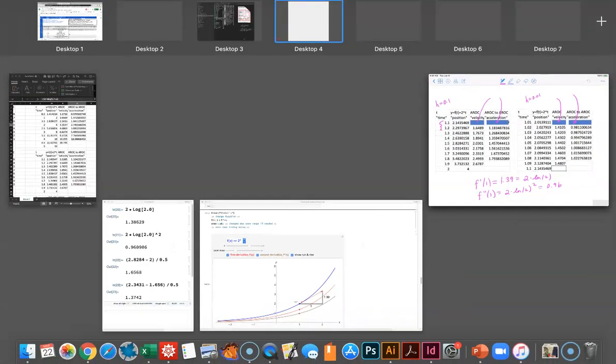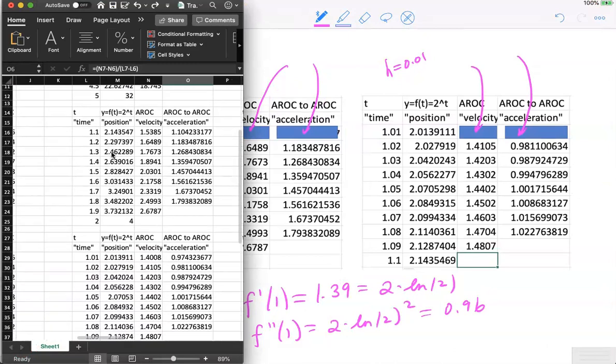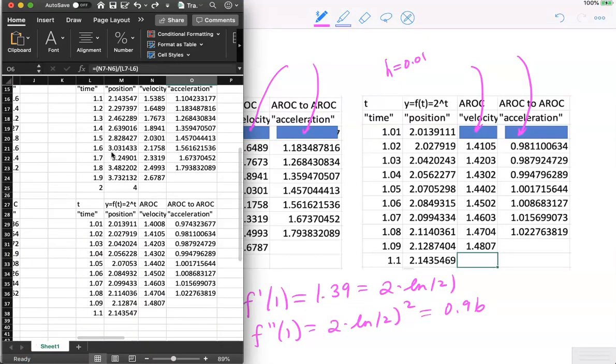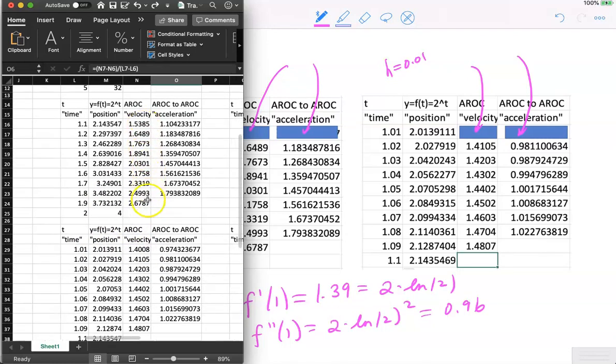All right, so let's take a look at the values. What we can begin to see here is that as the time gets smaller, the average rate of change went from 1.53 at 0.1, and then when we go to 0.01 for h, the average rate of change is getting close to 1.4, so it's getting closer to 1.39, the 2 times the logarithm of 2.